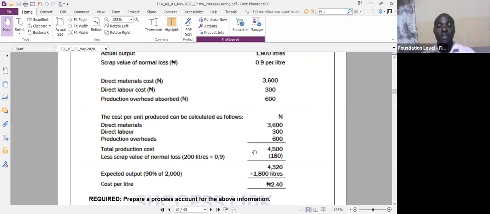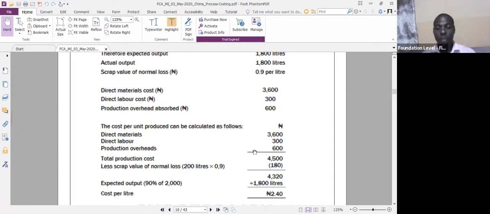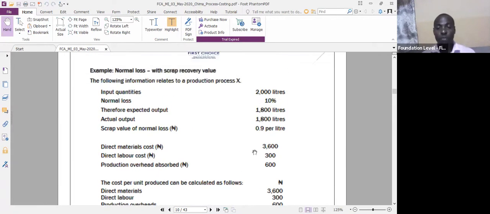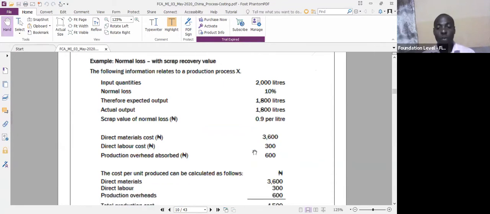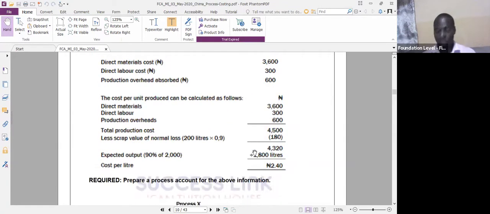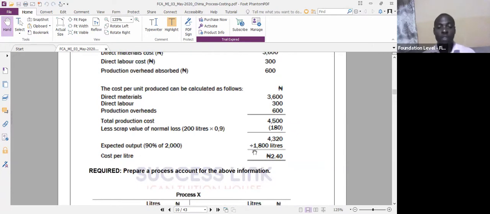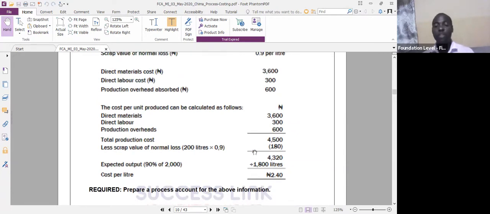And we found out that the cost per liter has dropped from 2.5 to 2.4. So the 2.4 is used to value the good product, while the 180 naira is used to value just the scrap.